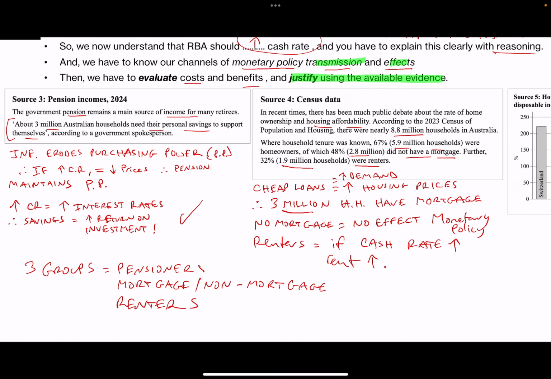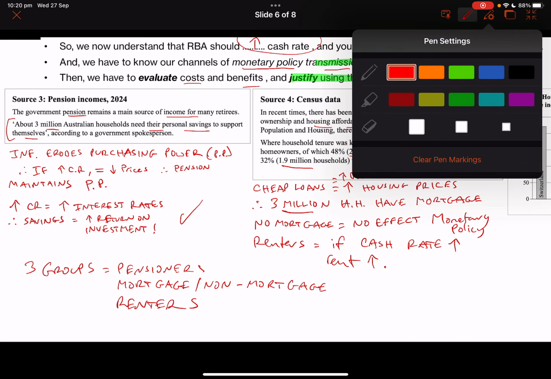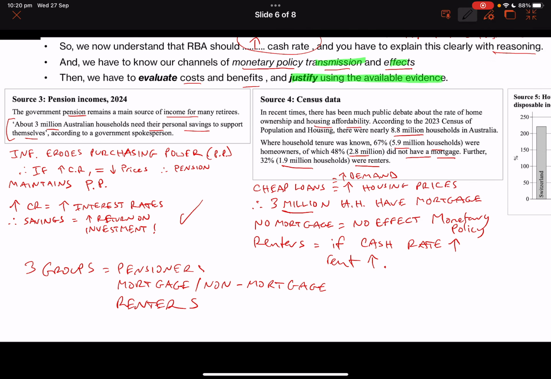What we can start to see now is that pensioners get a win. Non-mortgage homeowners get a win. They're likely the ones who own the other properties as well. The mortgage holders, not great for them, and the renters, not great for them.